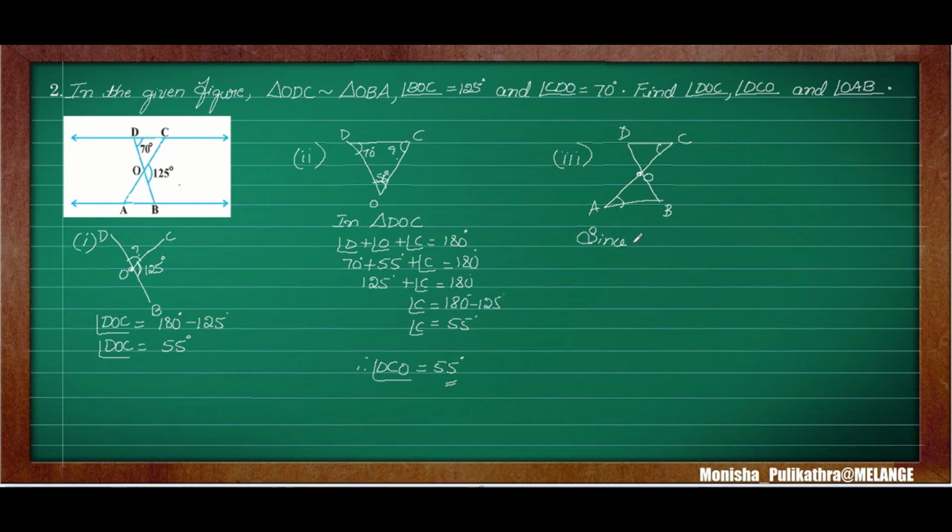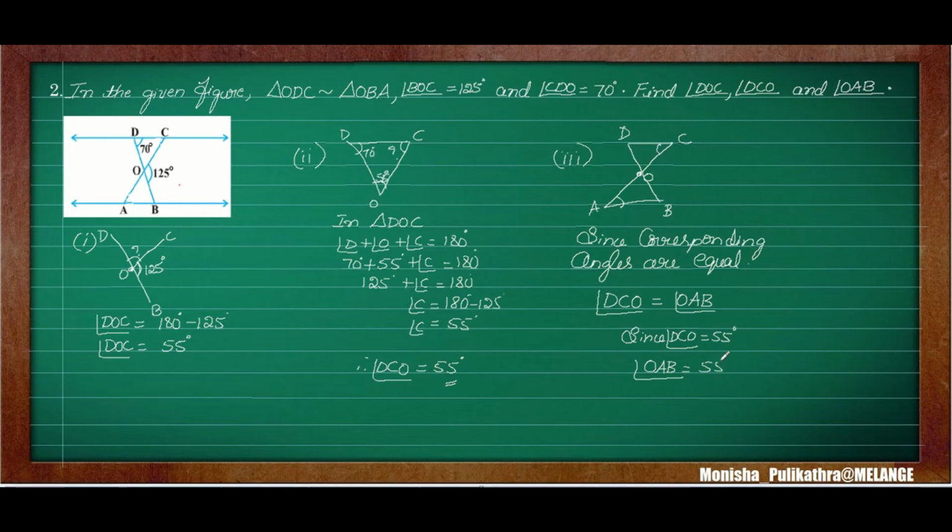So since corresponding angles are equal, angle DCO is also equal to angle OAB. So since DCO angle is 55 degree, OAB is also equal to 55 degree.